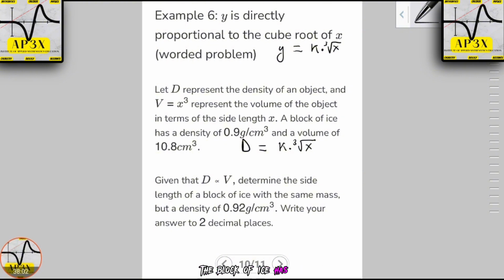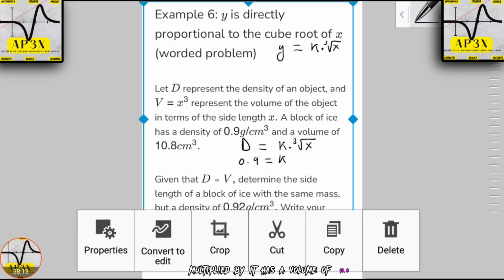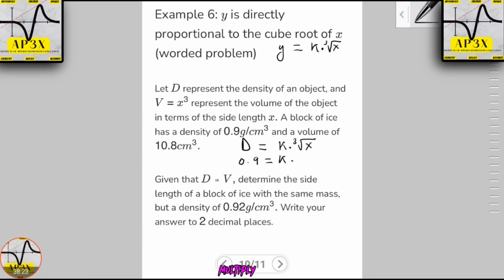So the block of ice has density 0.9, so that's this here, and that's equal to k, obviously unknown, multiplied by, it has a volume of 10.8, so that's going to be multiplied by the square root.